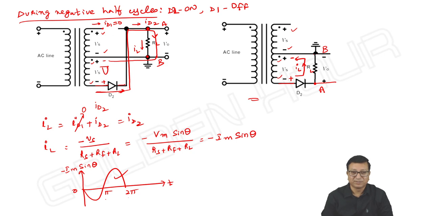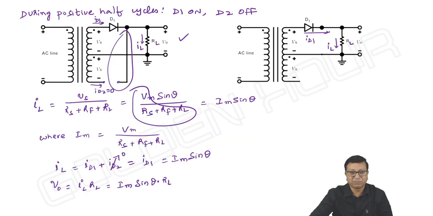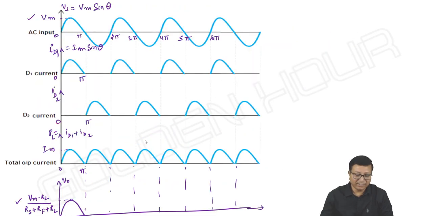If you take Im sin theta from pi to 2 pi, it should be negative. But what did I say? IL is positive. How is IL positive? The notation is minus Im sin theta, and minus Im sin theta is positive when the input is a negative cycle, from pi to 2 pi. Simple thing.